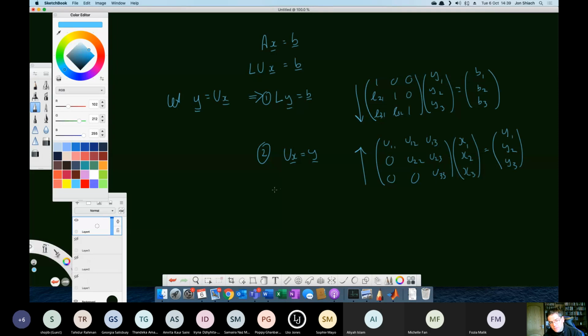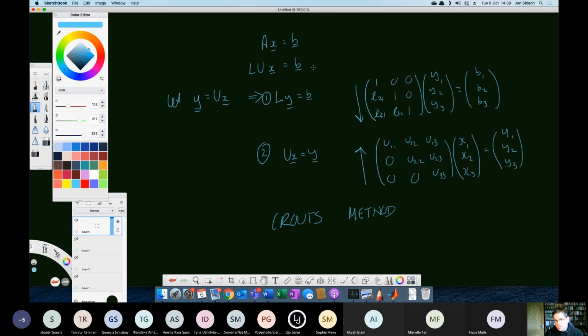This is a method called Crout's method, using LU factorization. It is actually a form of Gaussian elimination, a roundabout form of it. But the beauty of this is that usually our coefficient matrices tend to stay the same, but our right-hand side vectors tend to change.